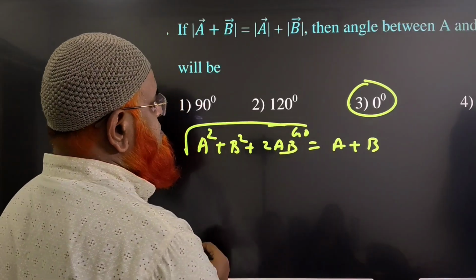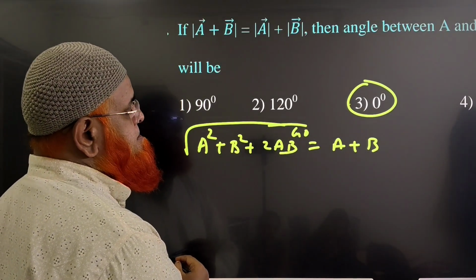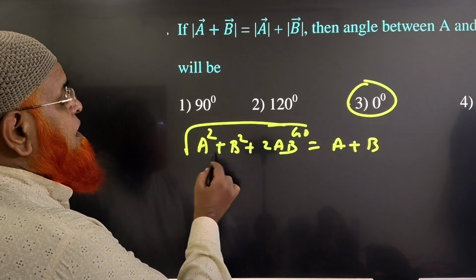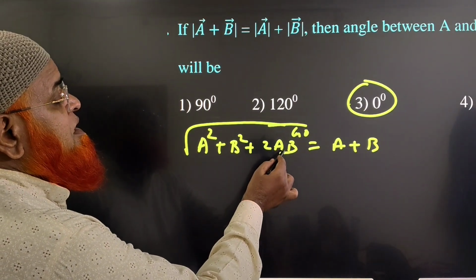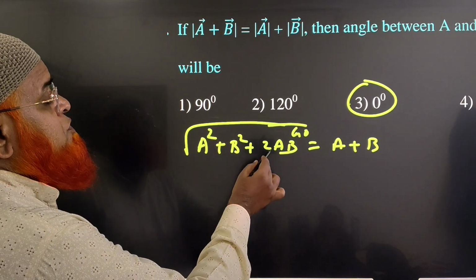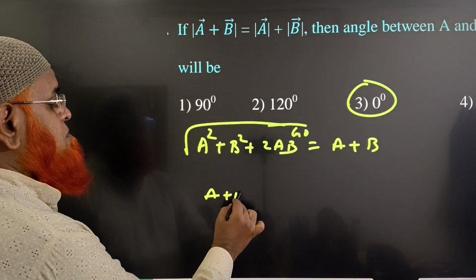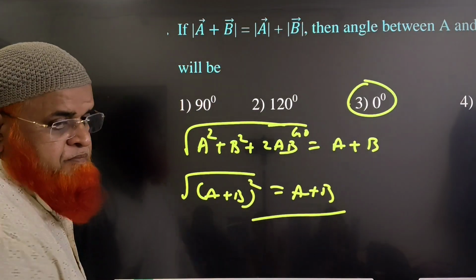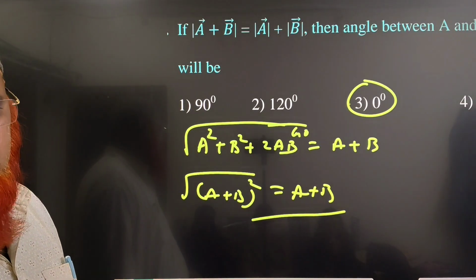Cos 0, cos 0 means 1 only. So a square plus b square plus 2ab, squaring on both sides, 2ab means a plus b whole square, under root, which is nothing but a plus b. This is a short question.